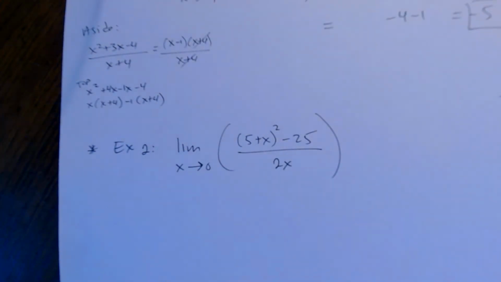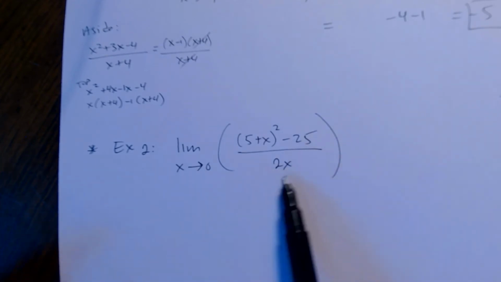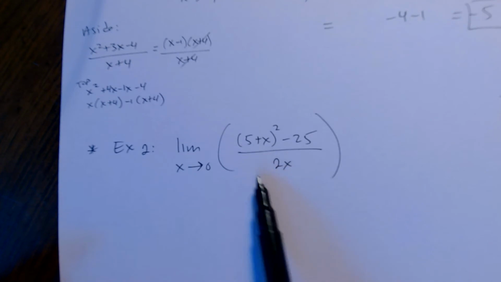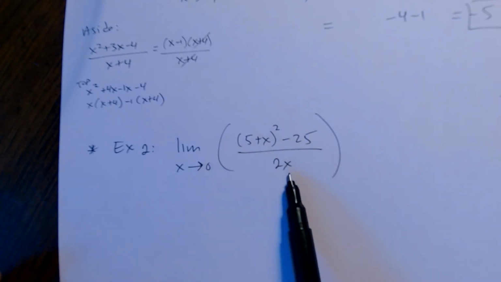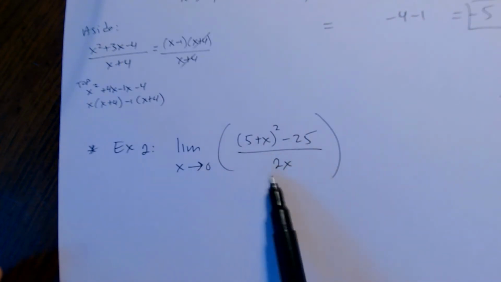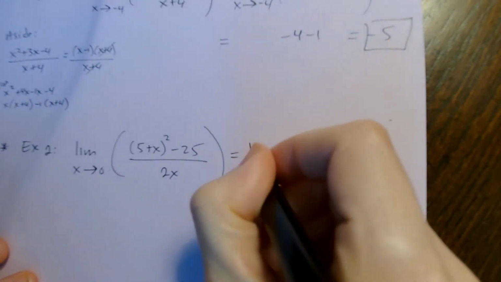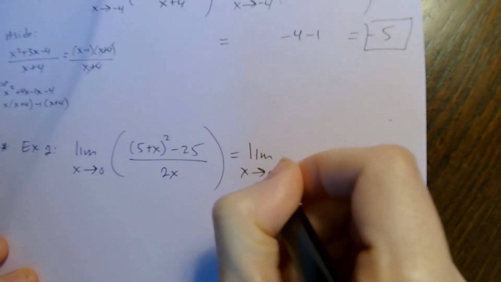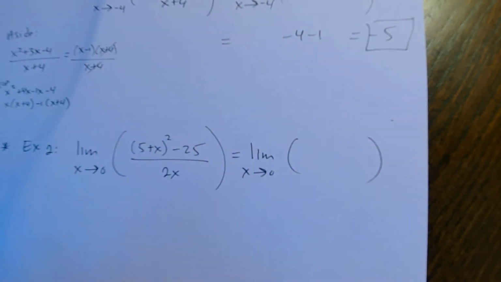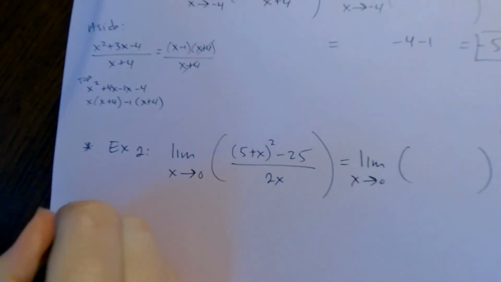Okay, so this one, we're evaluating this limit. You try to direct substitute. I'm going to focus on the denominator and see if it becomes 0 if I plug in 0. Yes, 2 times 0 is 0. So I can't direct substitute right now. So I'm going to go like this, and then I'm going to do another aside.